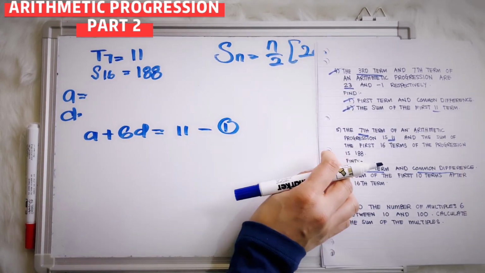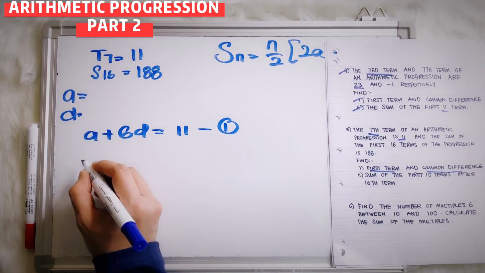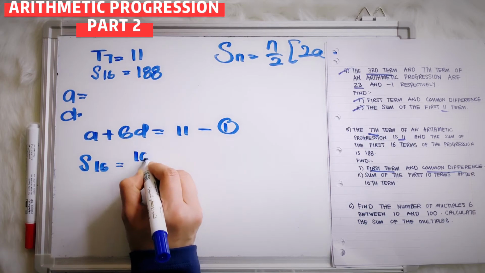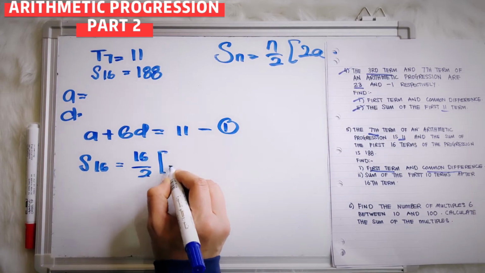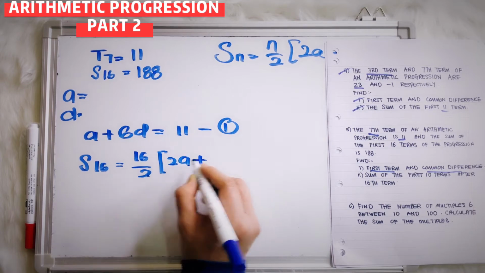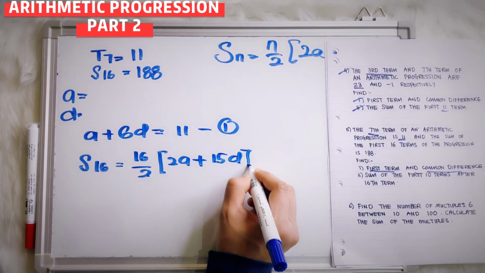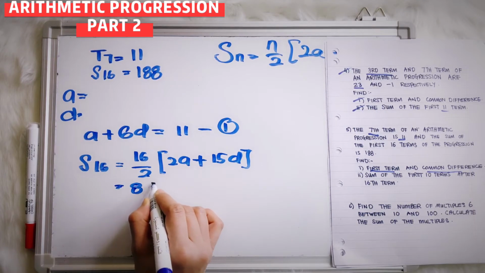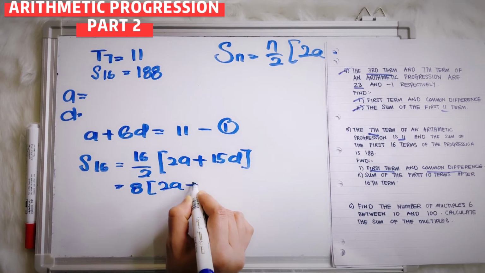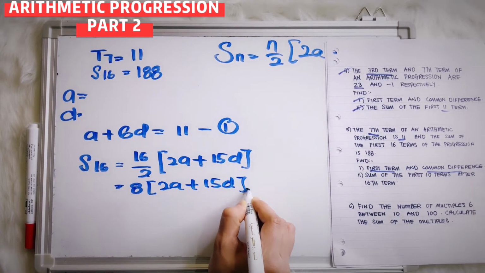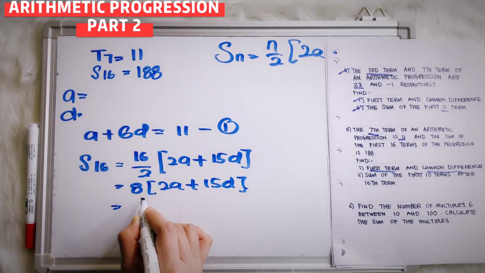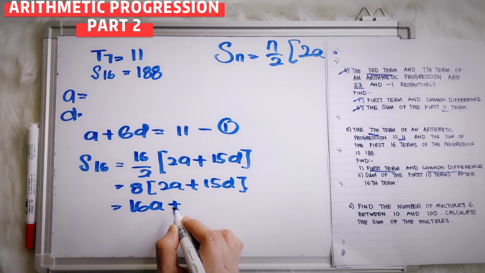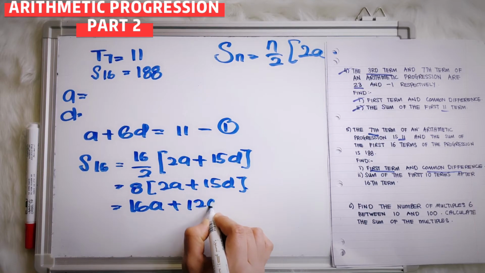Alright, the next one is S16. I open for you. S16 equals 16 over 2 times (2A plus 15D). So we have here 8, correct? 8 times (2A plus 15D). So 8 times 2 is 16A, and 15 times 8 is 120D.